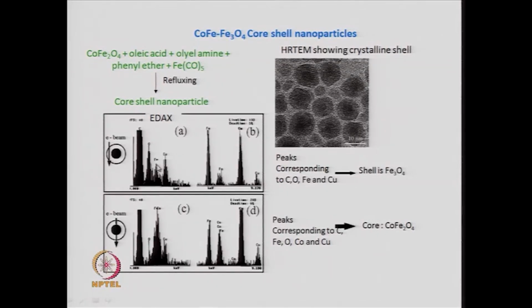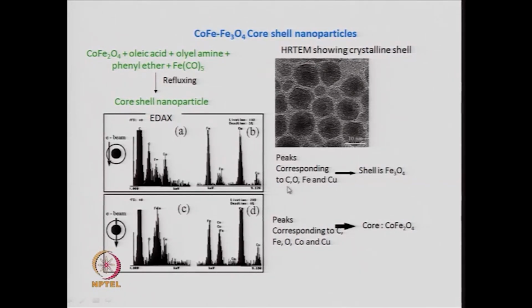What you have to see is the other peaks. So, iron is there, oxygen is there, and some carbon. Carbon and oxygen normally can come as either oxide or carbide, or most of the time carbon comes as an impurity. So, the electron beam, when it passes through the shell, can see carbon, oxygen, iron and copper.